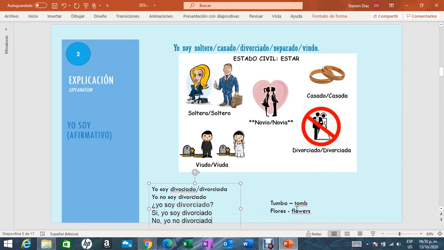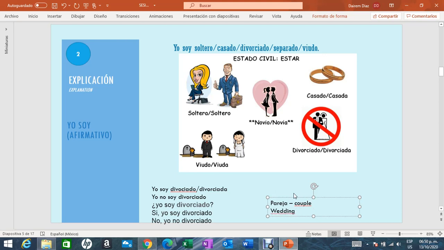And the vocabulary, we have a couple there getting married. So we're going to say couple, pareja. In a wedding with a signal that something is canceled.